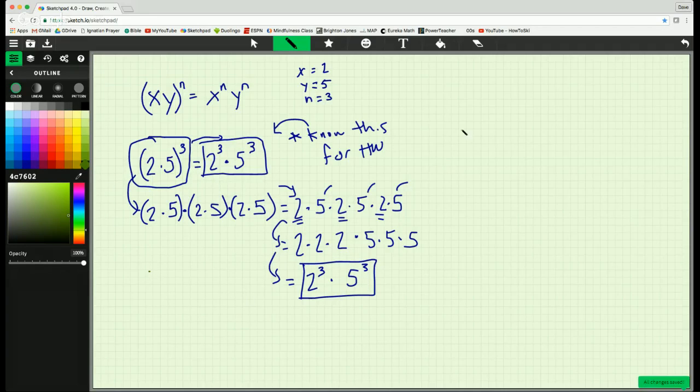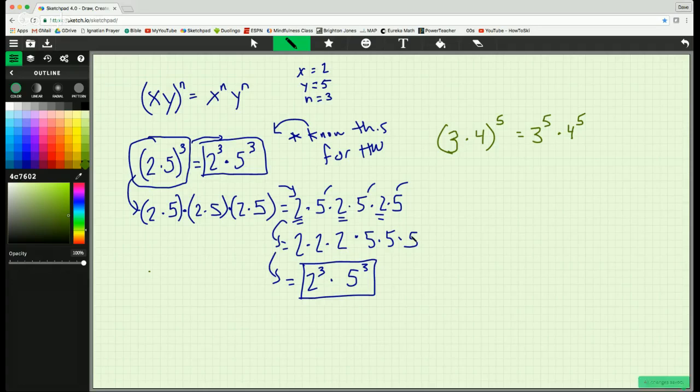So in general, what you need to know is that anything times anything else to a given power is just equal to that power times the other number to that power, right?